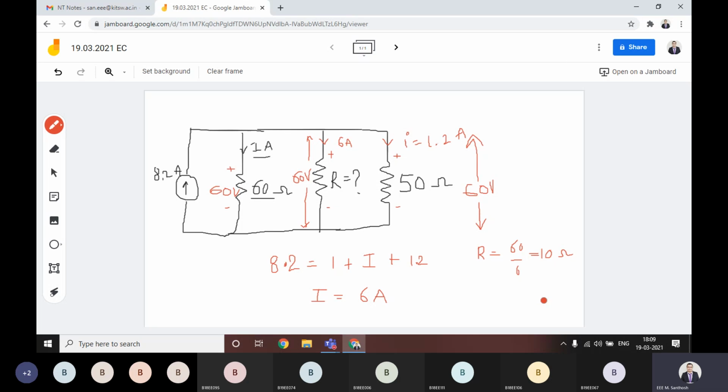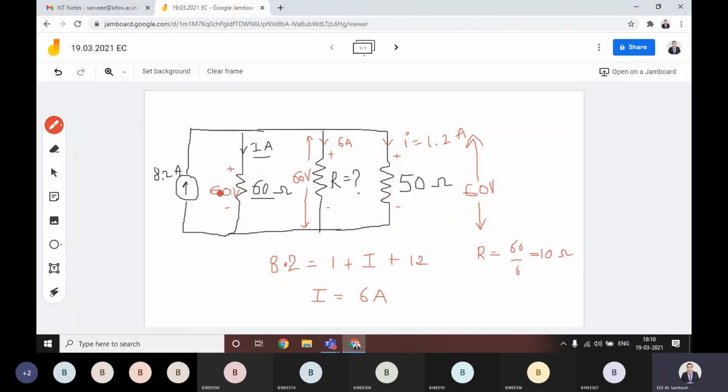This is the simplest way to solve. You can do all this process within a minute. Within a minute you can solve this kind of problem, because it is simply parallel branches and 60 volts. No need to write all this, right?